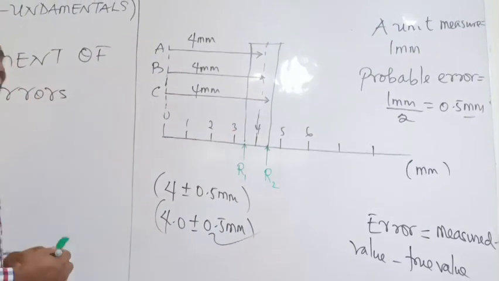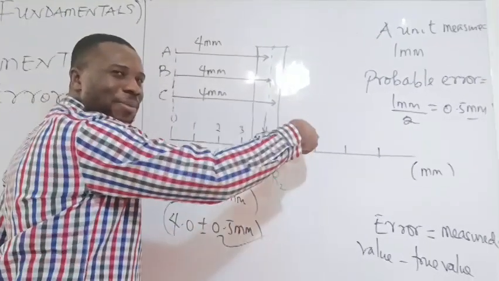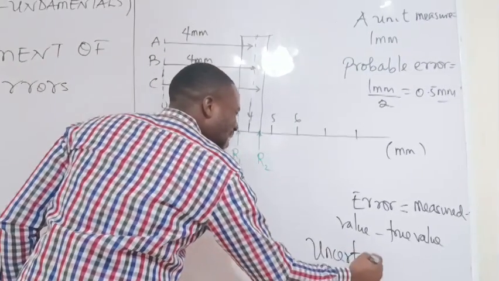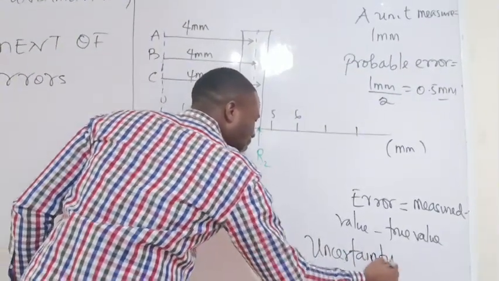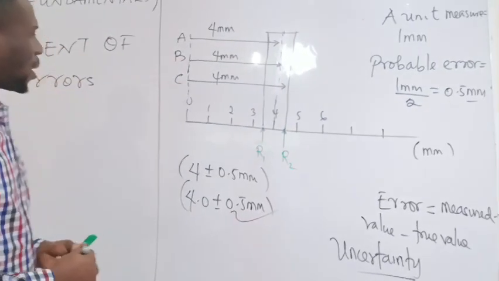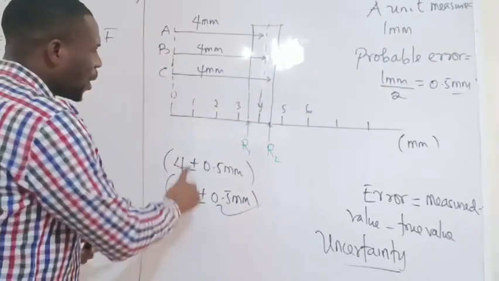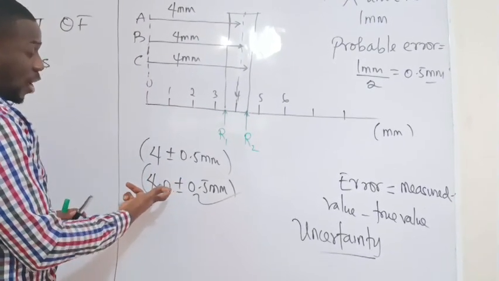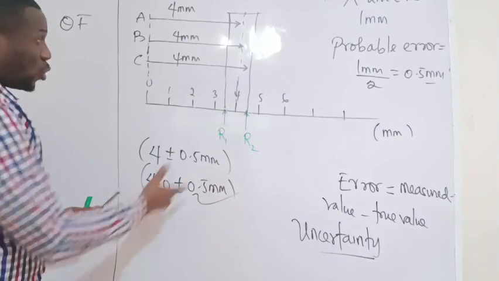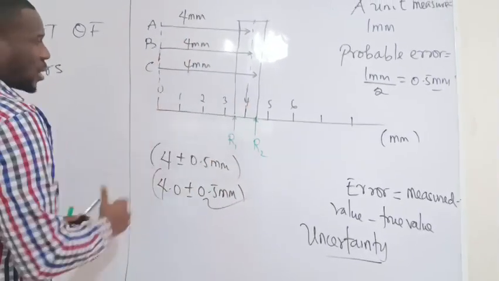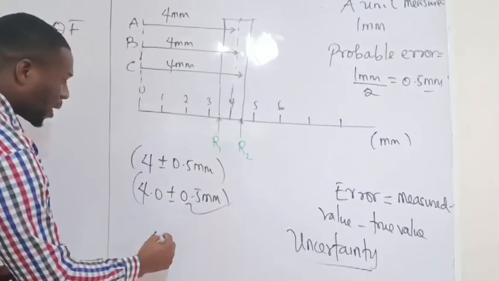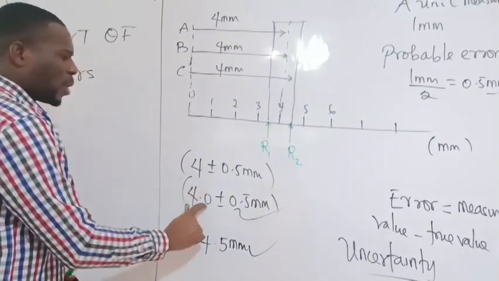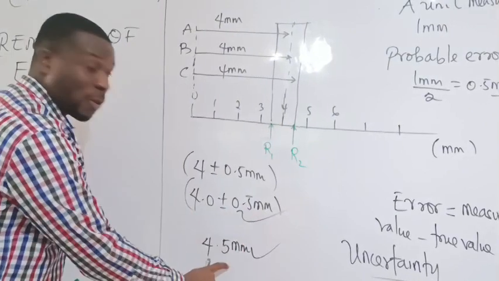All right, now the net effect of this error, we call that the uncertainty. So uncertainty is simply the net effect of this error. What this simply implies is this: if the first person tells me that you measured this actual value and you figured out it was 4.5 millimeter, it means it's correct, because 4.0 plus 0.5 millimeter will give you 4.5.